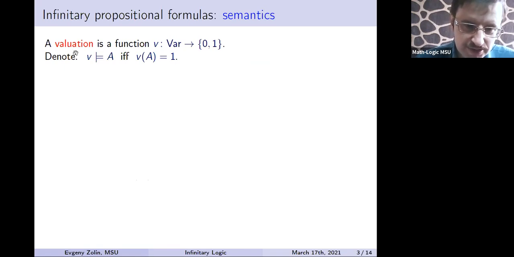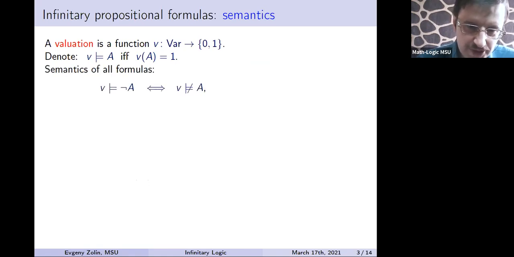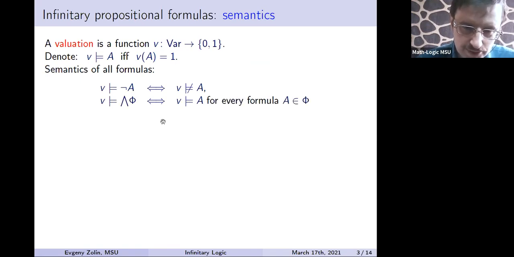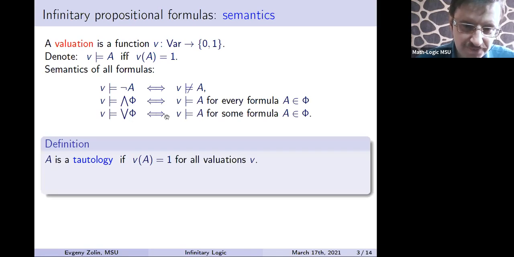We use this notation for the formula A is true under V. And we extend this valuation from variables to all formulas by the usual clauses. So negation is true if the formula is false, conjunction is true if all formulas are true, and of course disjunction will be true if some formula from phi is true.